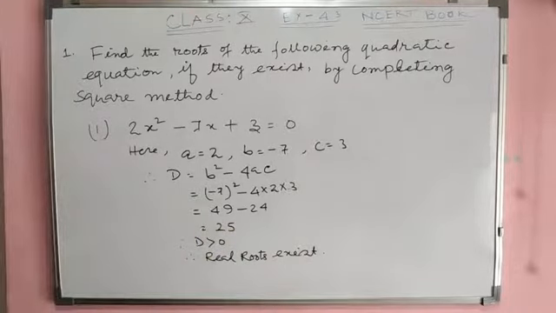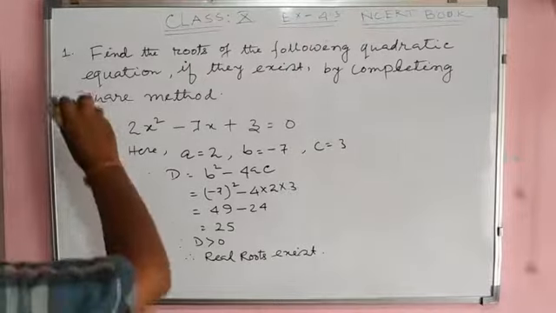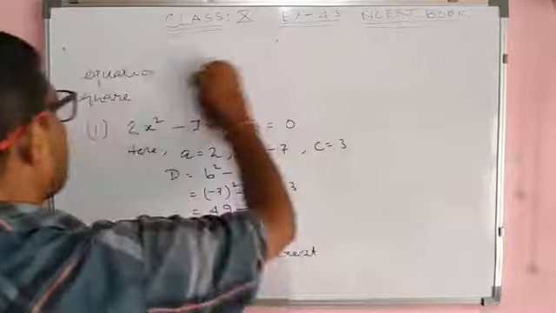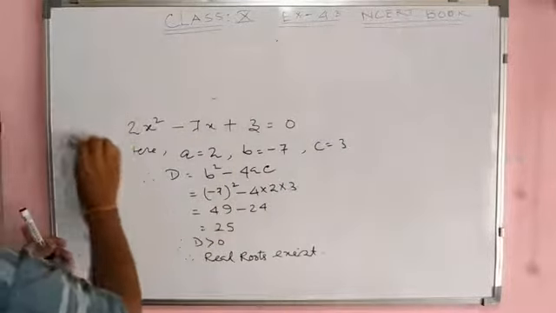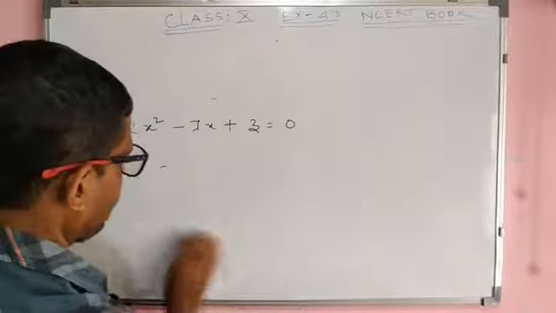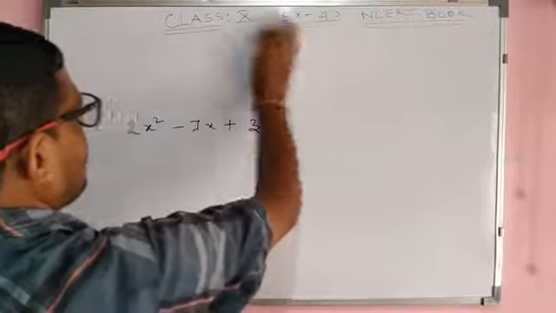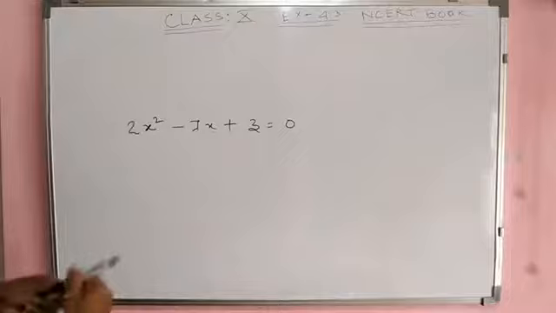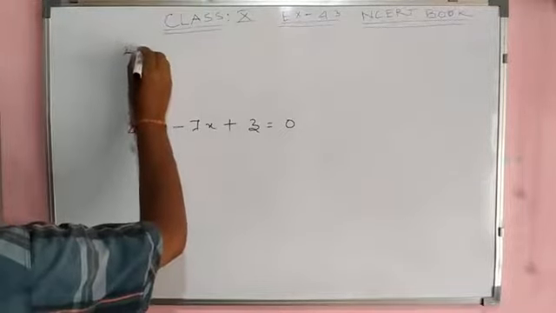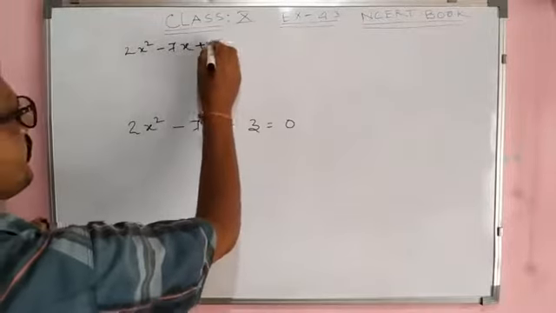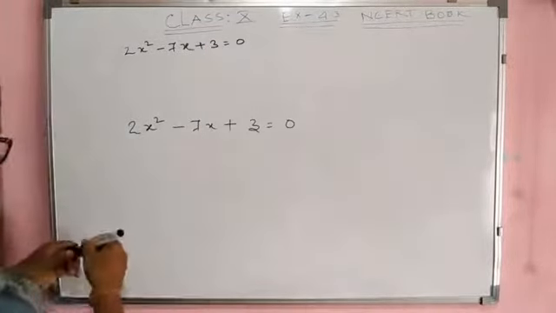Now let us see how to use the completing square method. The equation is 2x square minus 7x plus 3 equal to 0.